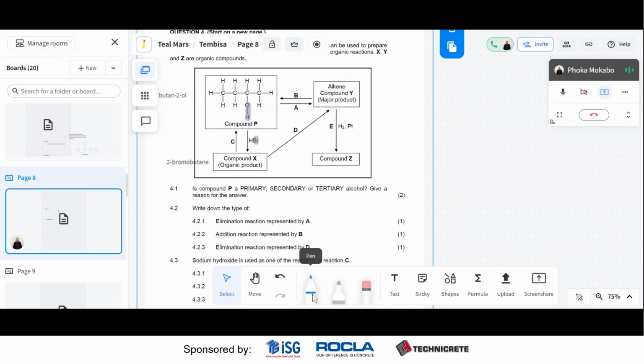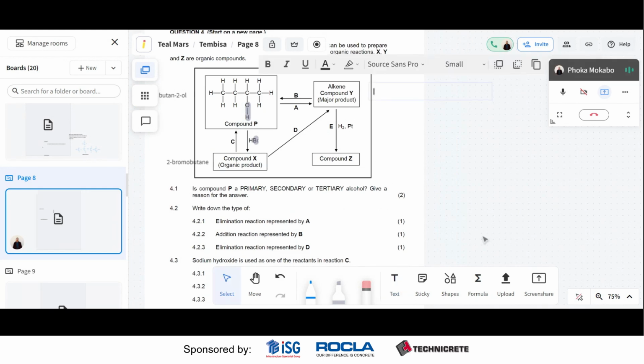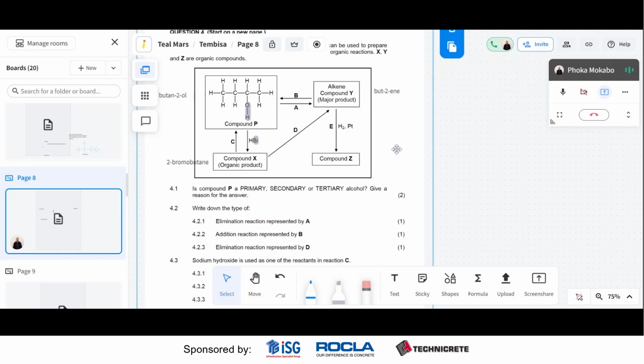The specific name of that reaction is dehydration, because in the process of losing OH as well as H, we end up with a complete loss of water. So dehydration to form an alkene, and what we end up forming would be butene, and that butene specifically would be in position 2. Okay, butene in position 2.